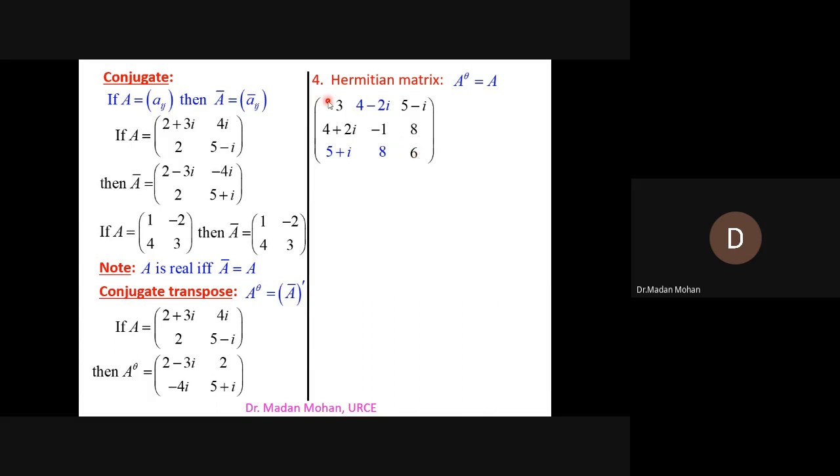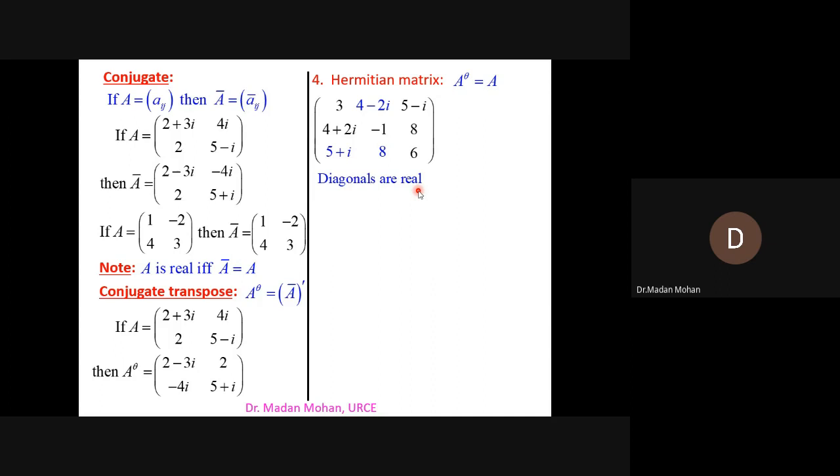That's why in a Hermitian matrix, its diagonals should be only real numbers. If at least one entry is not real, if you have an i term in it, it is not Hermitian, please. Diagonals are real in a Hermitian matrix.